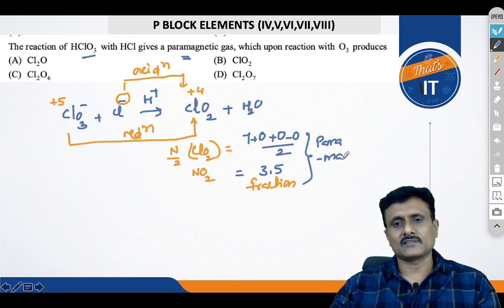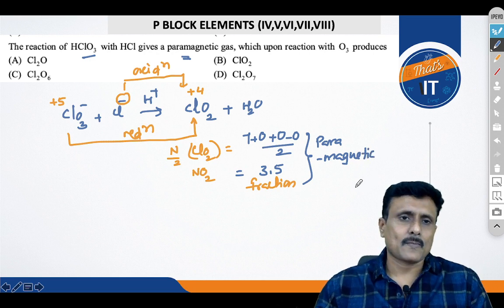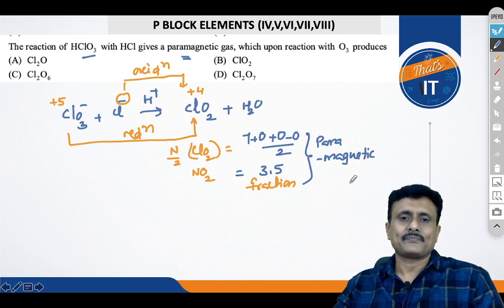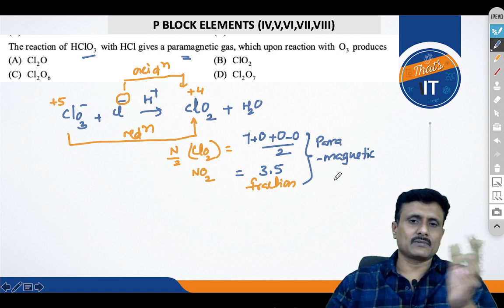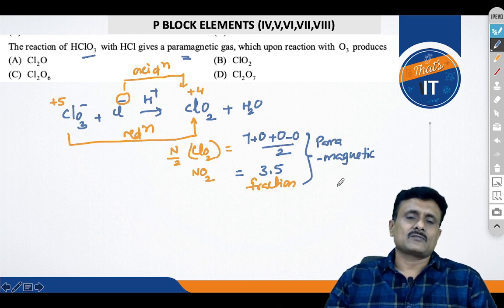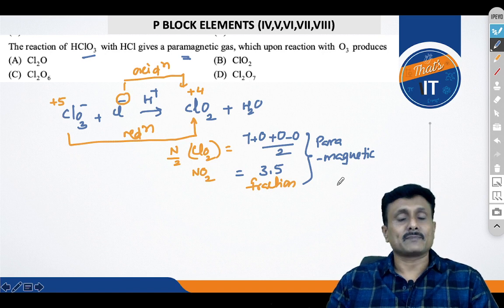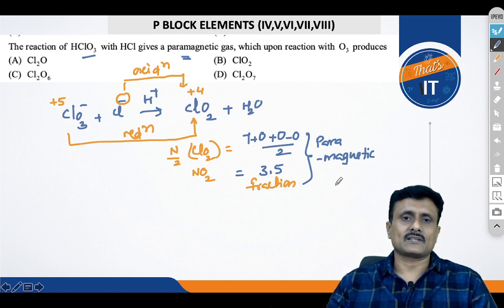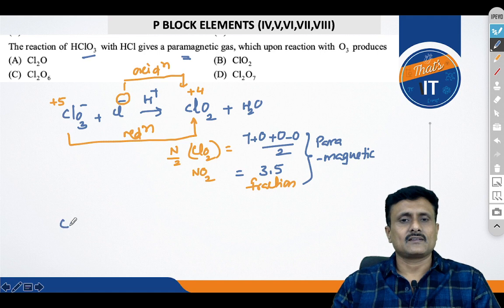So this is the easiest way to identify paramagnetism in covalent compounds. This is in fact a technique. So you find n by 2, and if it is a fractional value, it may be paramagnetic by nature. Now you see what's happening: this ClO2 is reacting with ozone.